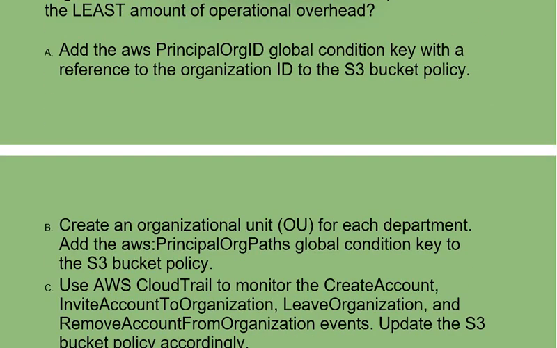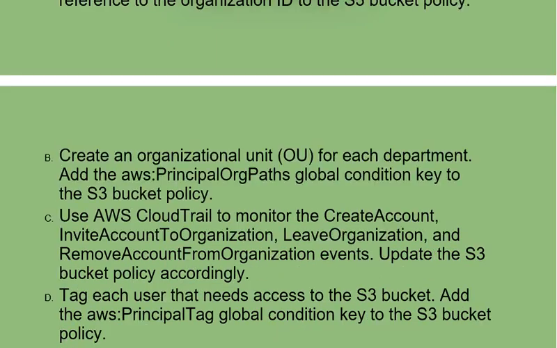Option A, add the aws:PrincipalOrgID global condition key with a reference to the organization ID to the S3 bucket policy. Option B, create an organizational unit (OU) for each department. Add the aws:PrincipalOrgPaths global condition key to the S3 bucket policy.